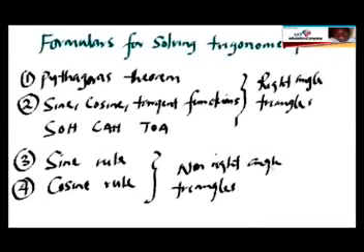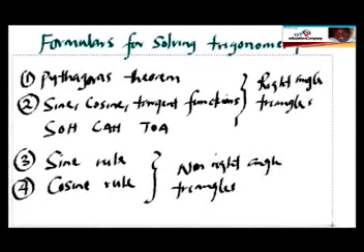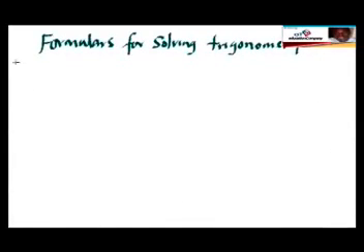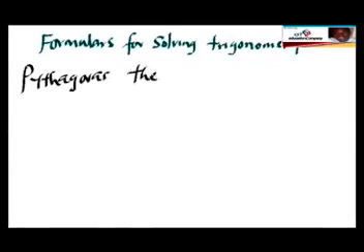So we will begin by looking at the Pythagoras theorem. What does this say? Let's take this out quickly. I shall talk about the Pythagoras. Now, if I have a right angle triangle, remember we talked about right angle triangles, this formula is used for solving right angle triangles.